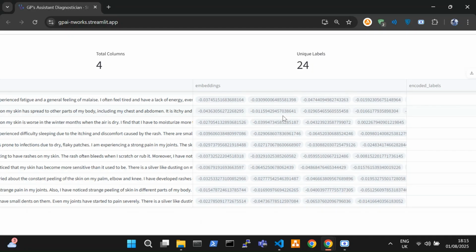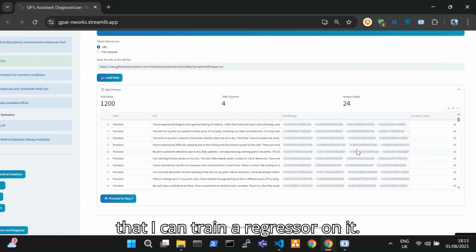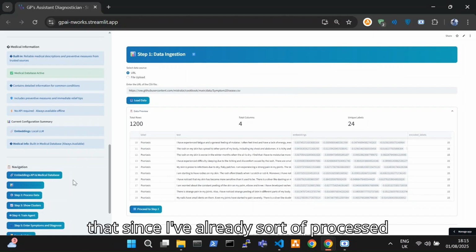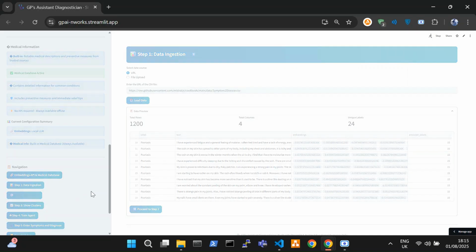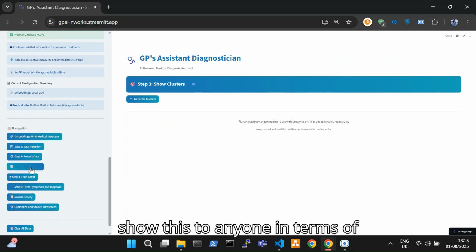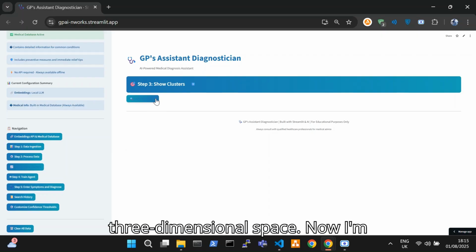I have 700-something embeddings, and I of course label encode my label so that I can train a regressor on it. Now the cool thing is that since I've already processed this, I can show you what these embeddings look like in a 3-dimensional space.